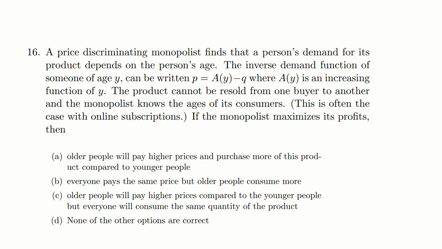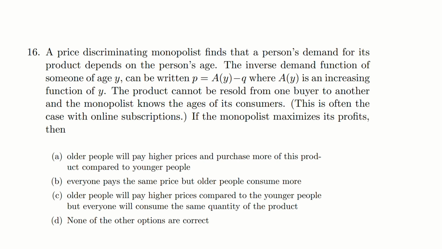And the inverse demand function of someone of age y can be written P is equal to A of y minus Q. That is given, the inverse demand function for this monopolist, guys. The monopolist's demand function is totally dependent upon the age.